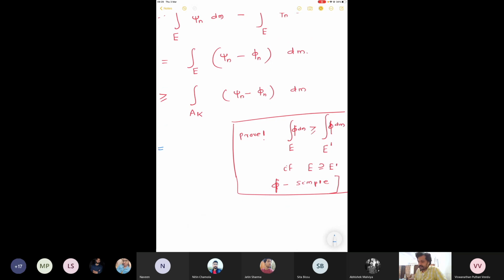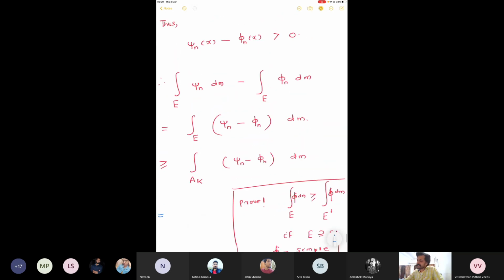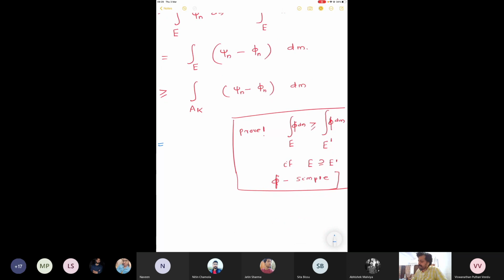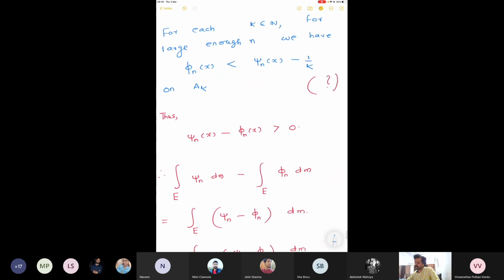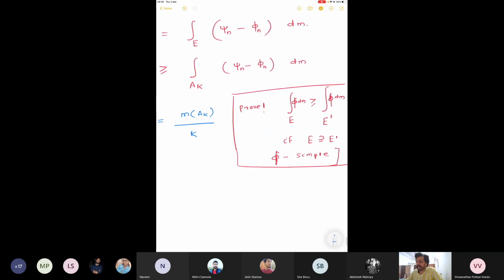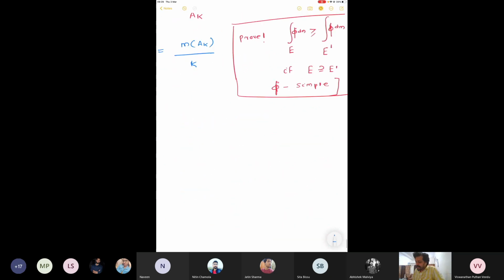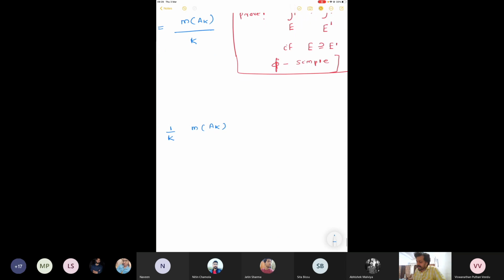And this is equal to phi n minus psi n greater than 0. So this will be at least the measure of AK by k, because phi n minus psi n is greater than or equal to 1 by k on AK for large enough n. Thus we have 1 by k measure of AK. I will be a little bit quick here.